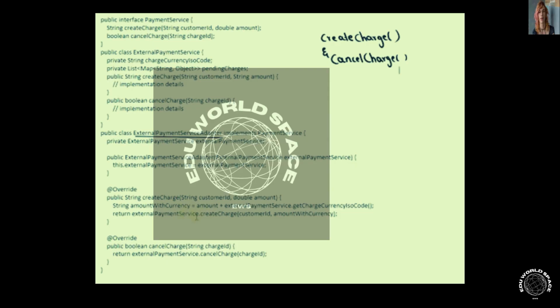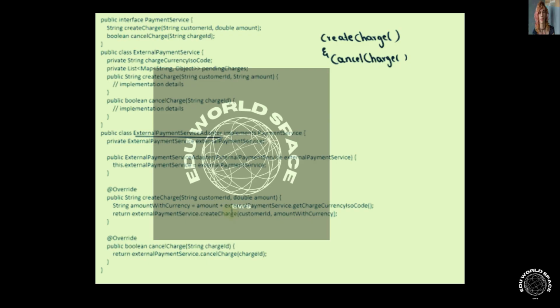It just returns its ID. After that, the cancel charge method would call the cancel method in the external payment service if the charge ID exists. So it first checks whether the ID exists or not.